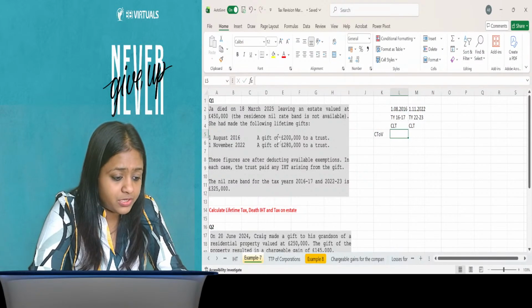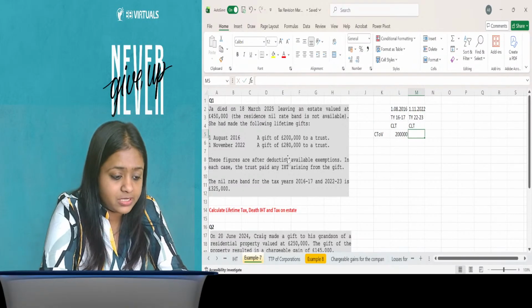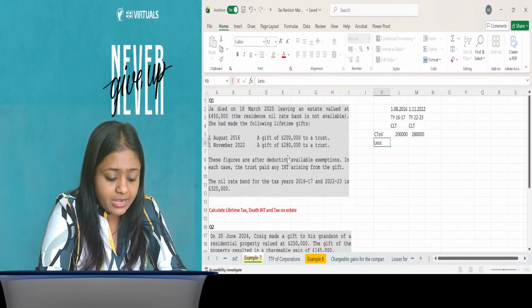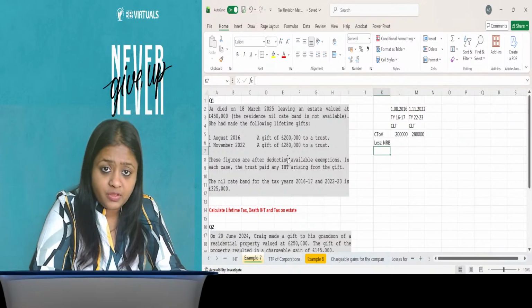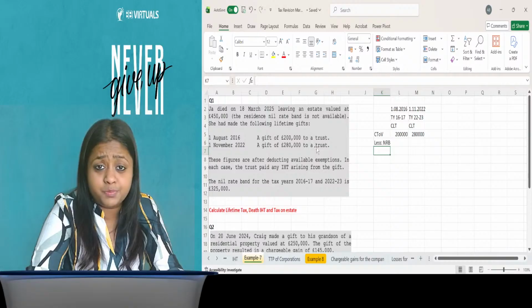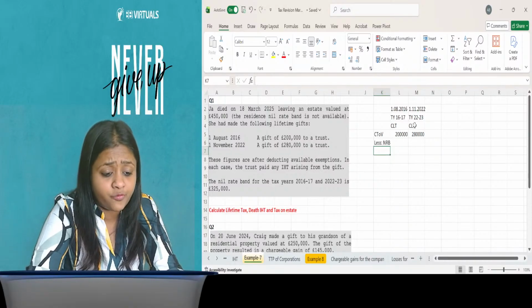Now this value here is 200,000, because it says that this figure is after reducing exemptions, and this is 280,000. Now I will reduce NRB. What is the rule? In the first case, I will reduce 325,000 less any chargeable transfers, GCT, that were made in the 7 years prior to the date of gift.